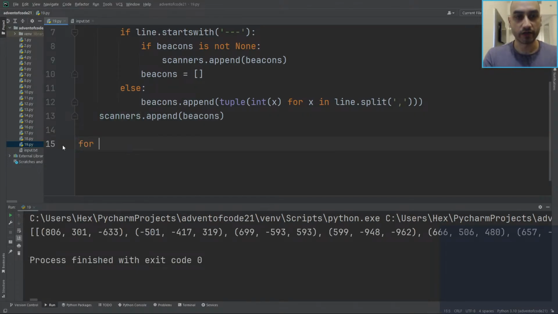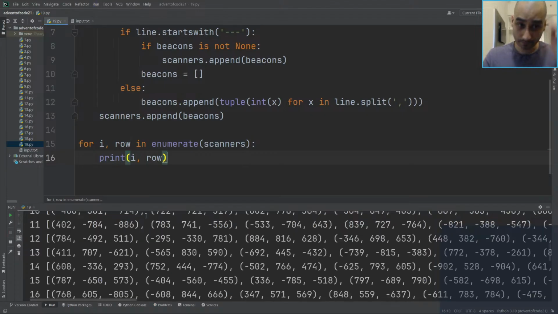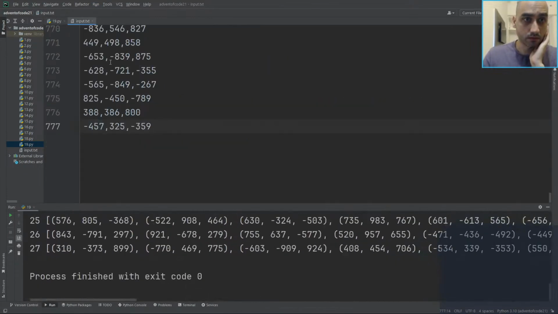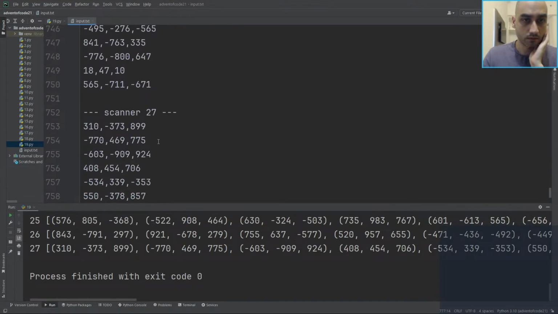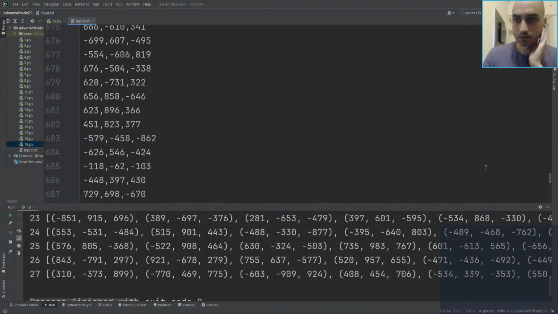Alright, let's check we've got the right number. For i, row in enumerate scanners, print i, row. 0 to 27. What? That's too many, isn't it?